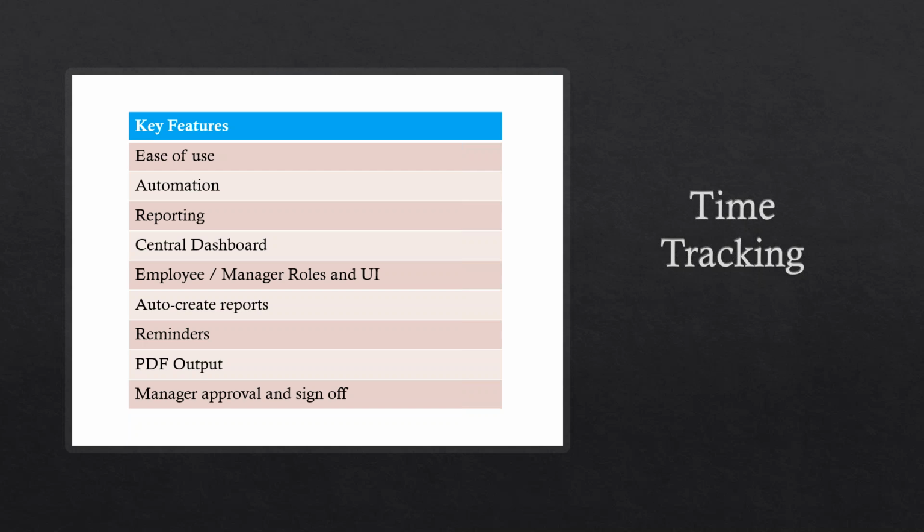Just to get started, let's talk about some key features that all of us would like to have in just about any type of time tracking system. First and foremost, we want it to be easy to use. We don't want anything complicated or cumbersome, both for employees and managers. We certainly want to incorporate some automation, meaning we want processes and steps to happen for us automatically.